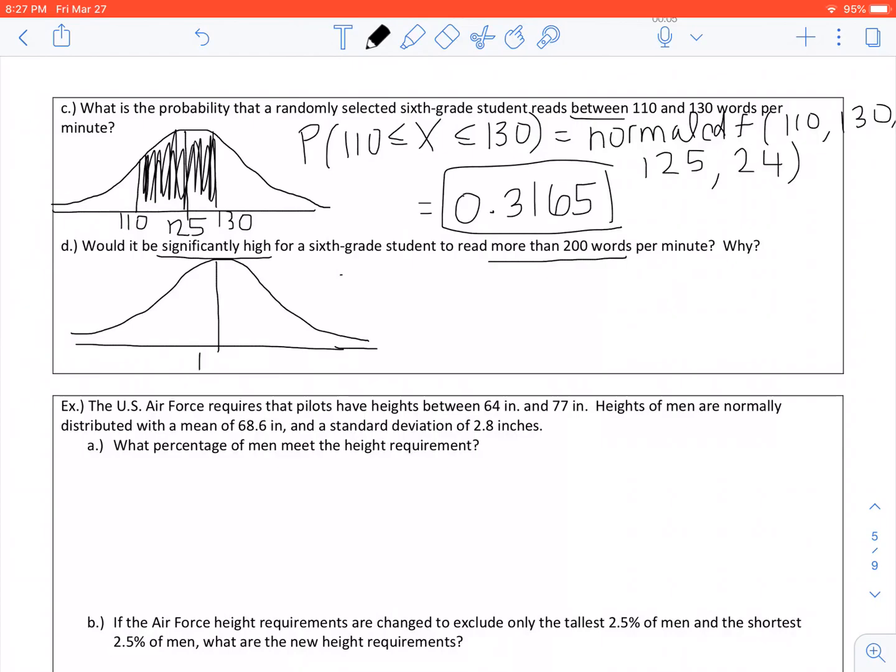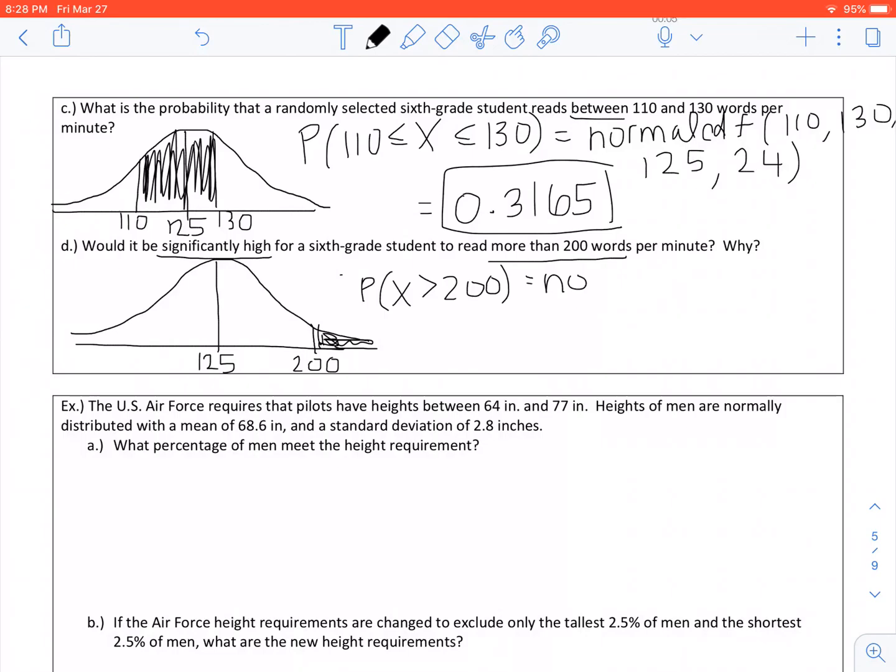Average reading speed, or the mean, is 125. Goes in the middle. It wants to know if reading more than 200 words, and 200 words would be way out here on the right. So I'm going to shade more than, which means to the right. And I'm going to ask you guys to find the probability that they read more than 200 words per minute.